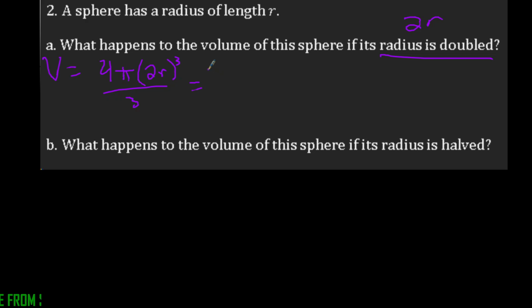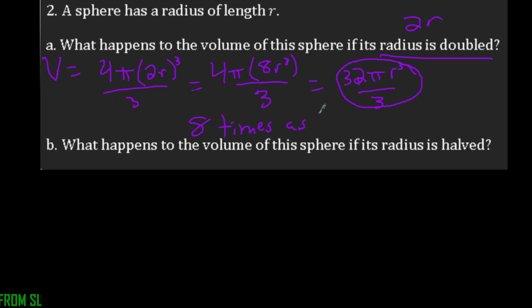If we simplify that out, it's going to be 4 pi times 8r to the third power over 3, which is the same as 32 pi r to the third power over 3. Remember, this is 8 times as large as the original.